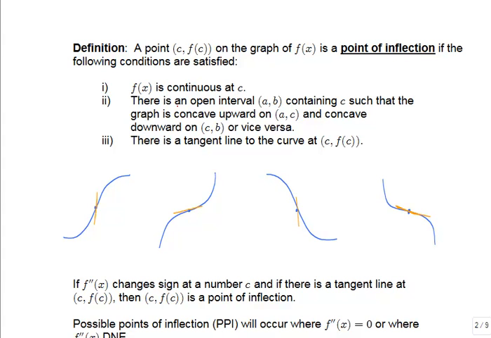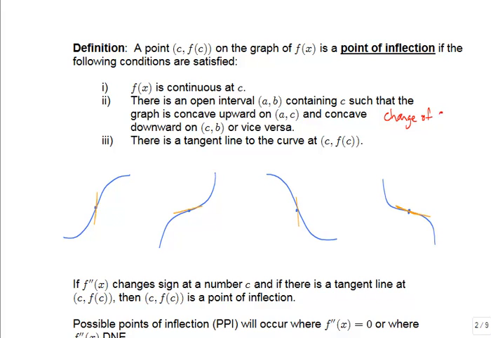Number 2, there has to be an open interval (a, b) containing that c such that the graph is concave up on the left and concave down on the right, or vice versa. So you have to change concavity in order for there to be a point of inflection at this point c.